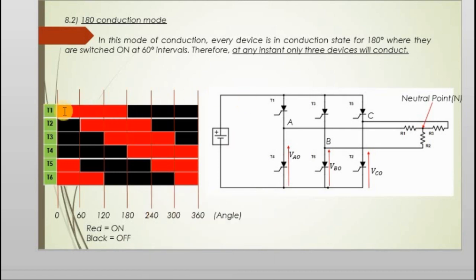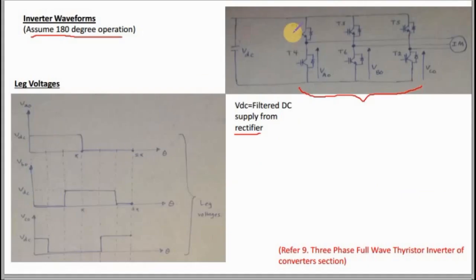T1 conducts for 180 degrees, which means it's like you short circuit this part, right? And here you can see, if you short circuit this part, what will happen?